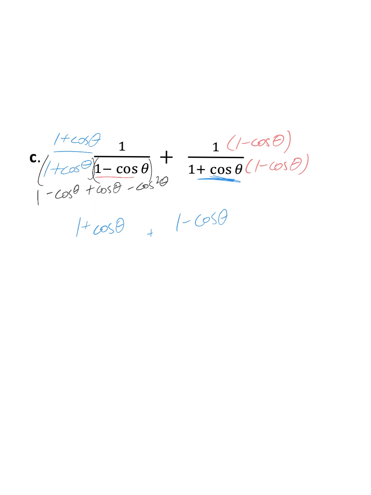Okay, so those of you who are pretty observant will realize that these two middle terms right here cancel each other out. Okay, and this is a very common pattern, so keep that in mind. It pops up a lot. So here, now I've got my denominator as being 1 minus cosine squared.